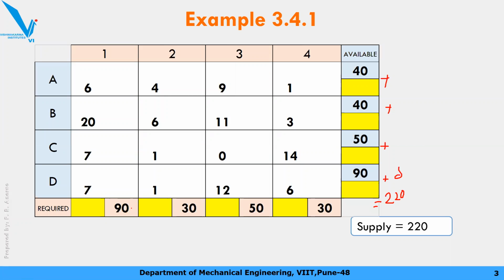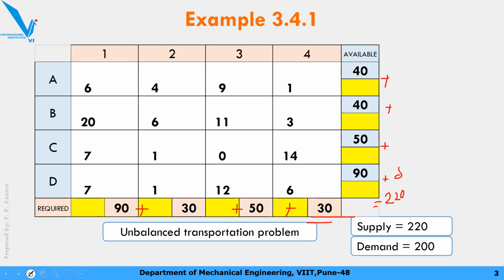Now sum up the demand part: 90 plus 30, 120, 120 plus 50, 170, 170 plus 30, so your demand is 200. So that means in this problem, supply is not equal to demand. That's why it is called an unbalanced transportation problem.